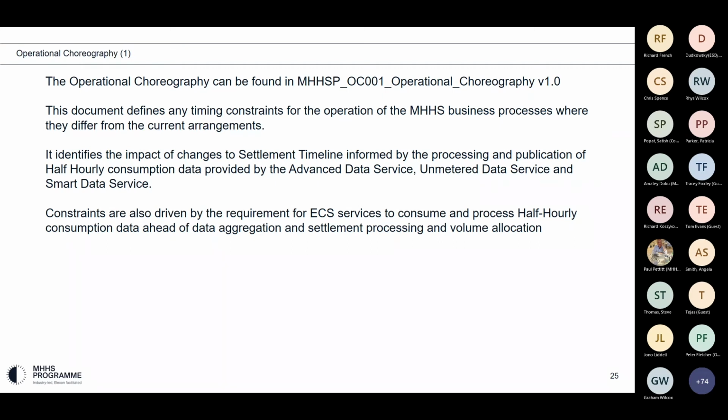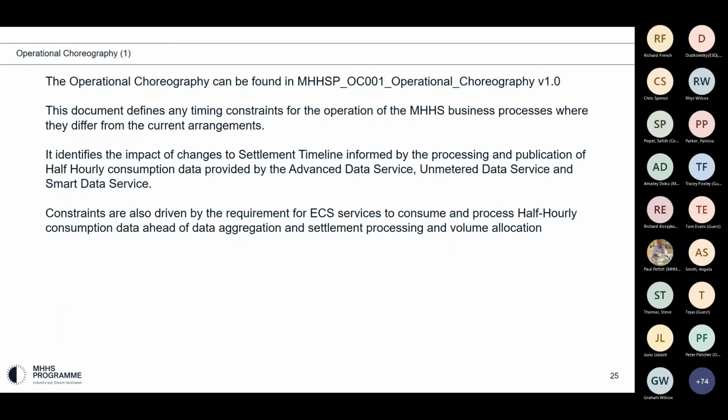It also sets out some SLAs for data services, and is cognizant of the constraints that are being driven by both the settlement timetable and the requirements to get the half-hourly consumption data in ahead of aggregation for each of the settlement runs.